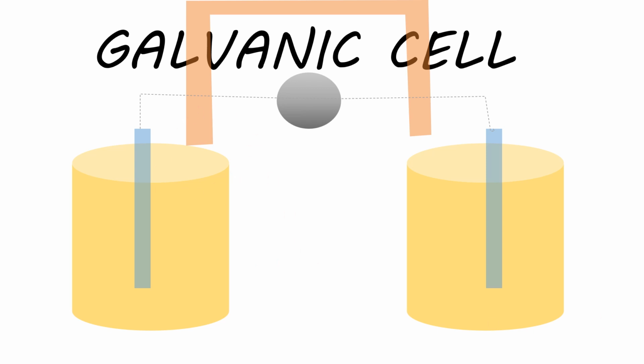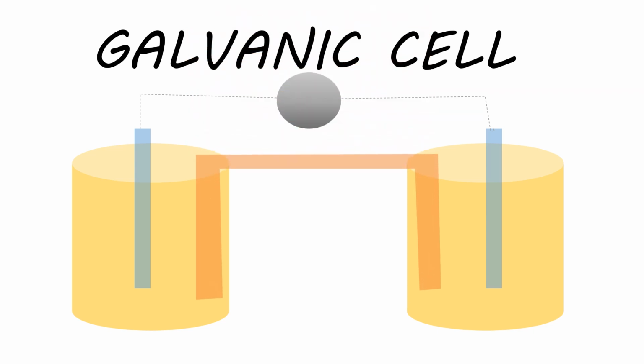When we add the salt bridge to the solutions, this creates a disturbance in the solutions. As a result, the electrons will start leaving the zinc rod, and this zinc rod will start moving its electrons into the wire.